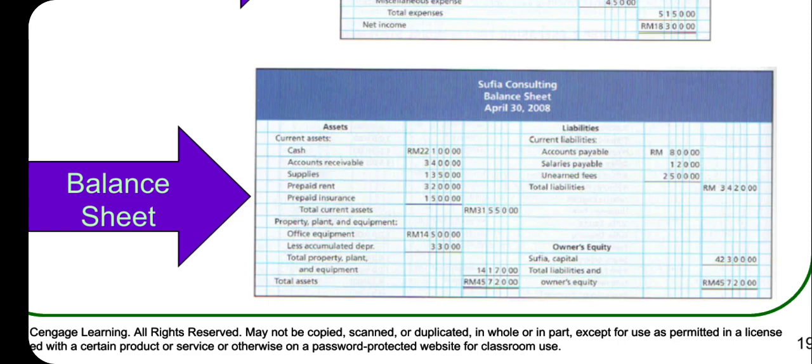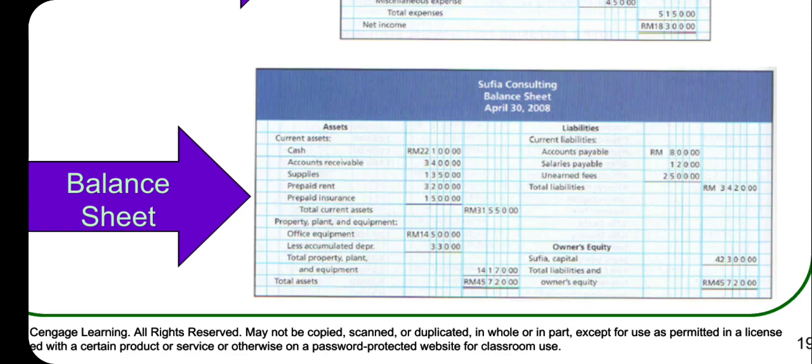On the left side of the T, you have to list all the assets. You have to start with current assets first. See in this example, current assets: the first one is cash, and then accounts receivable, and then supplies, and then prepaid rent, and then prepaid insurance. So you have to calculate the total current assets.